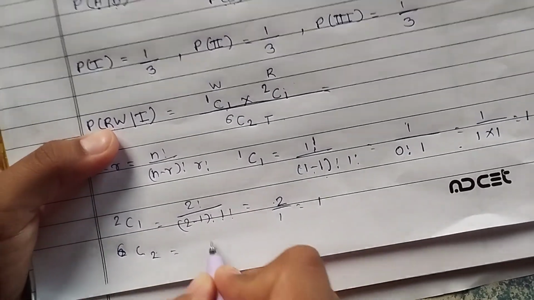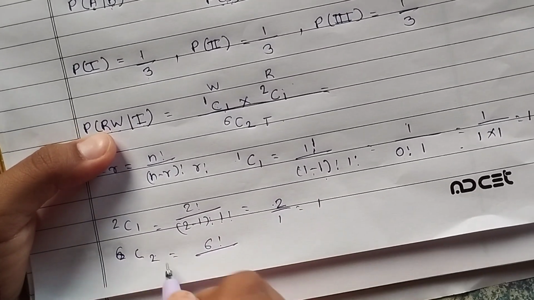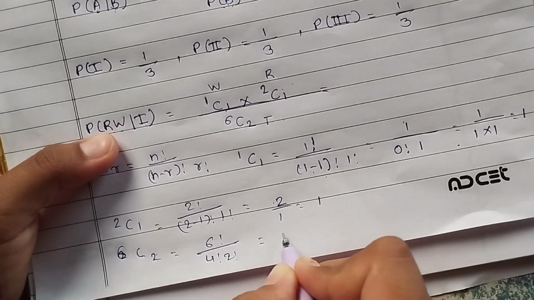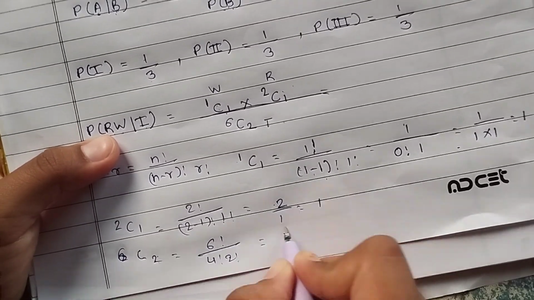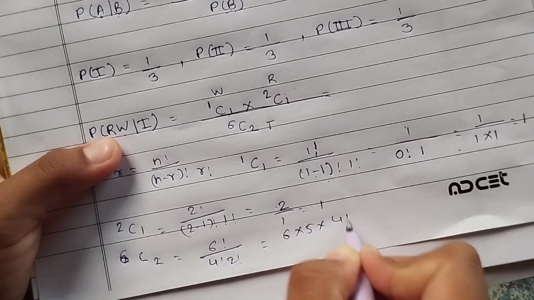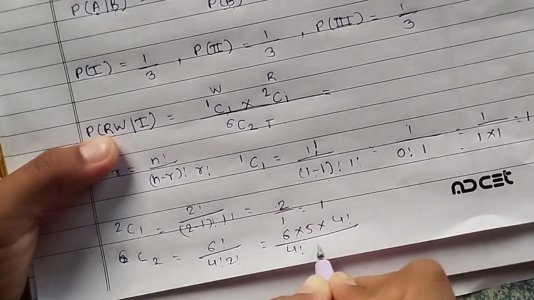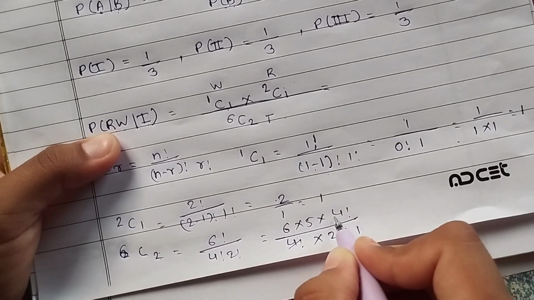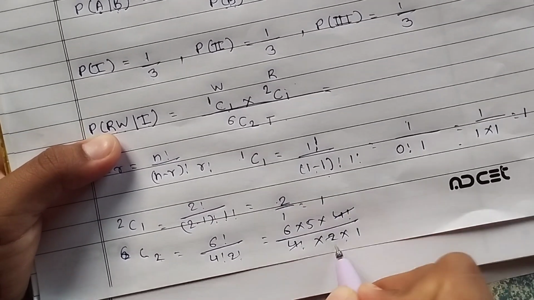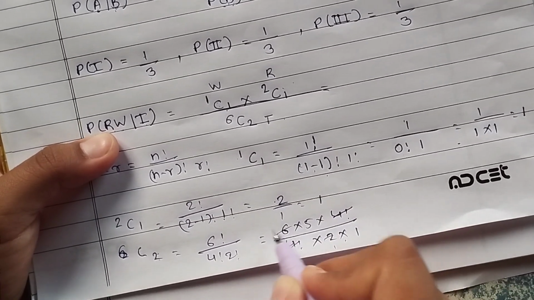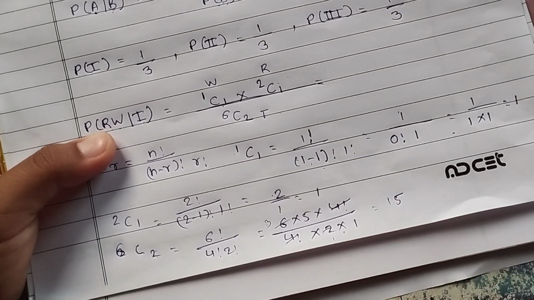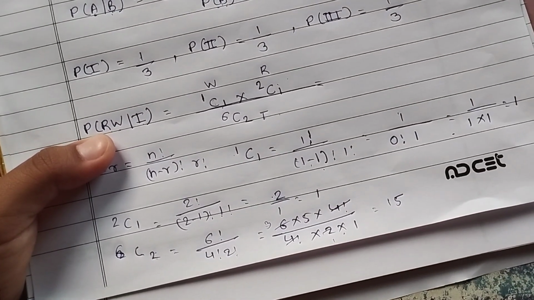Then 6C2, which is 6 factorial upon (6 minus 2) factorial, 4 factorial, into 2 factorial. If you do the calculation, 6 into 5 into 4 factorial divided by 4 factorial into 2 into 1. The 4 factorial cancels, 2 ones are 2, 2 threes are 6, 3 into 5 is 15.